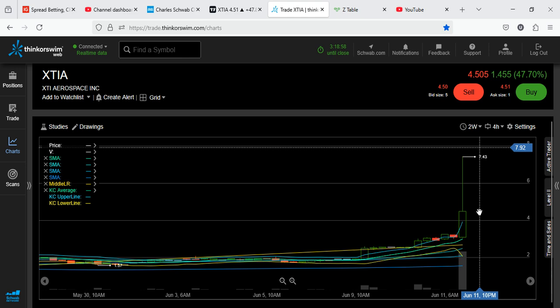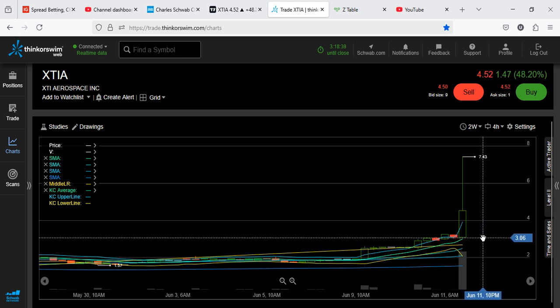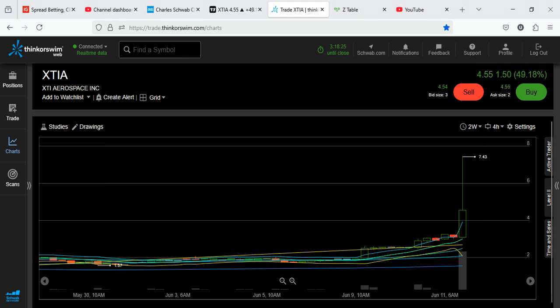Take 7.43 and 3.06. That will give us 4.37, that's the difference. 4.37 multiplied by 1.618, we have 7.07.